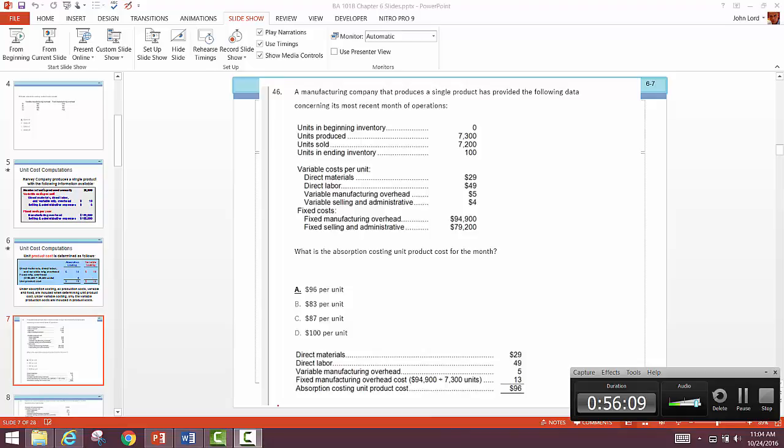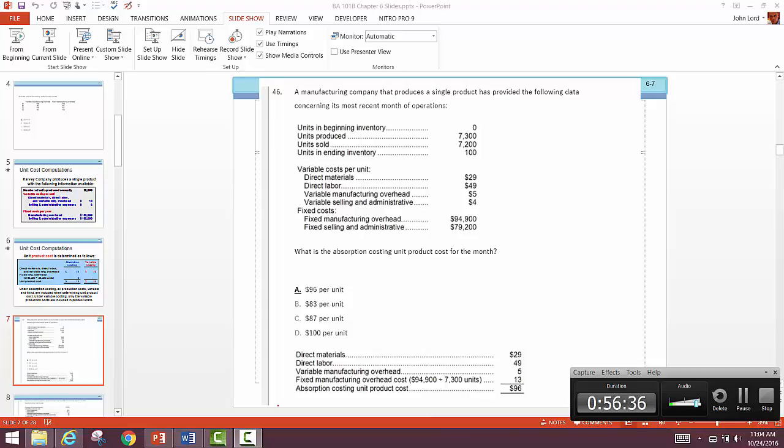Okay, and the 1,300 is what? That $13 per unit of fixed manufacturing overhead that is still sitting on the balance sheet in finished goods under absorption, that has already been expensed under variables, right? Because we expensed all of our fixed manufacturing.